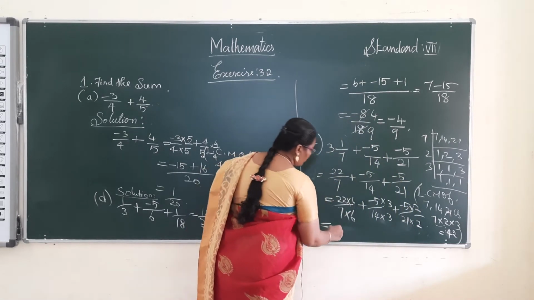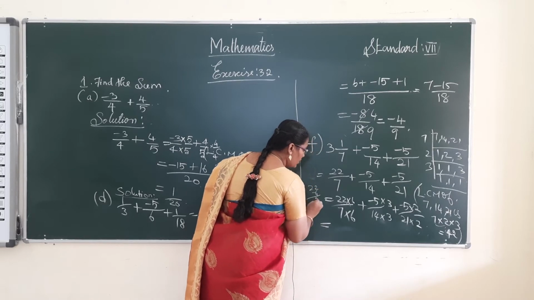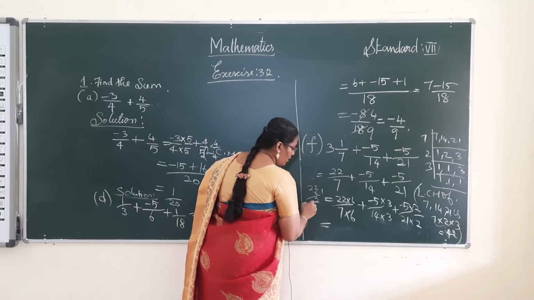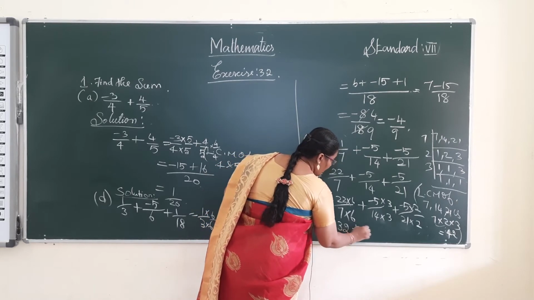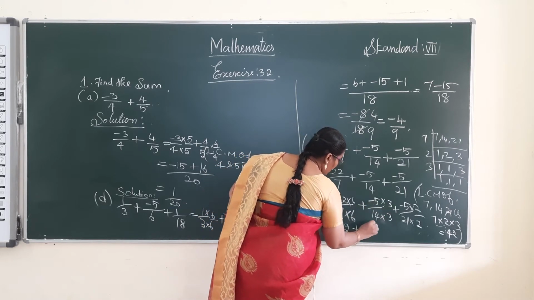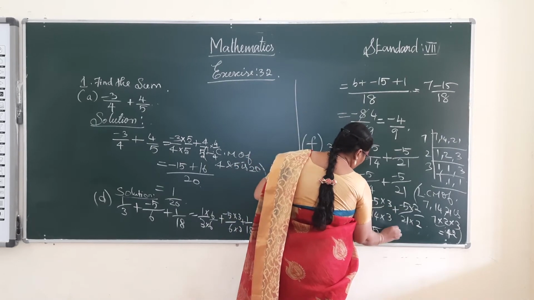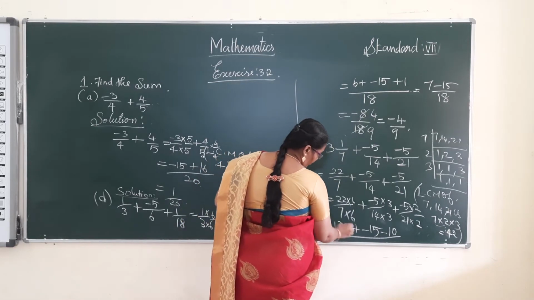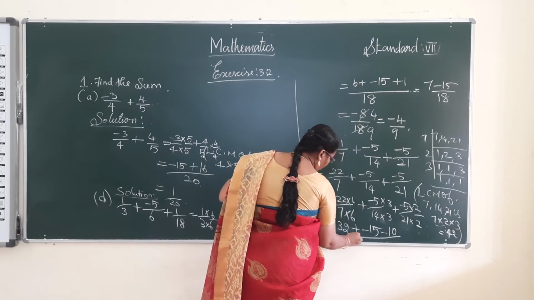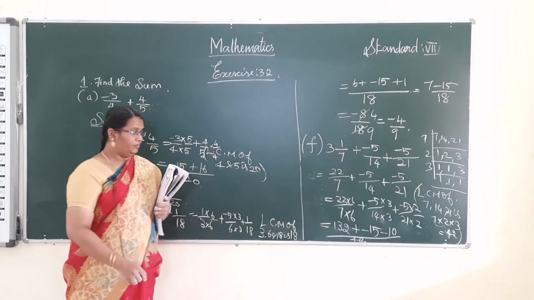Now multiply the numerator: 22 6s are 132, plus minus 5 3s are 15, minus 5 2s are 10. The denominator is 42.